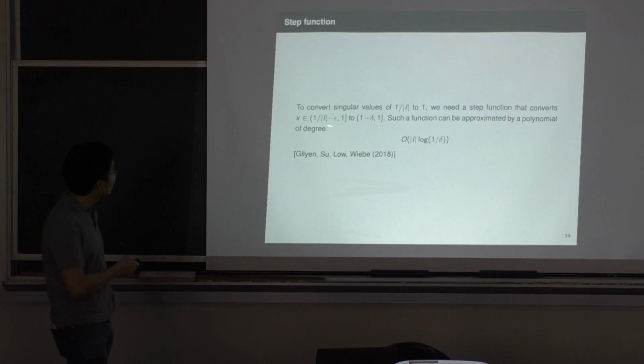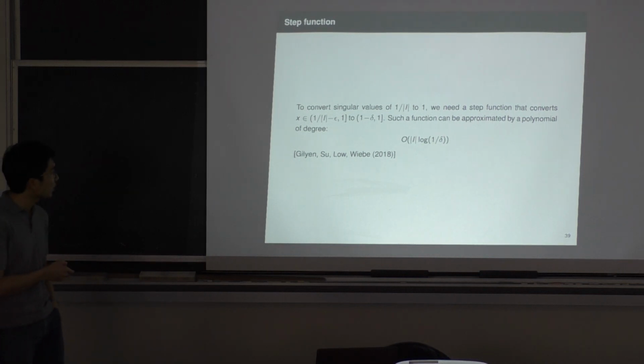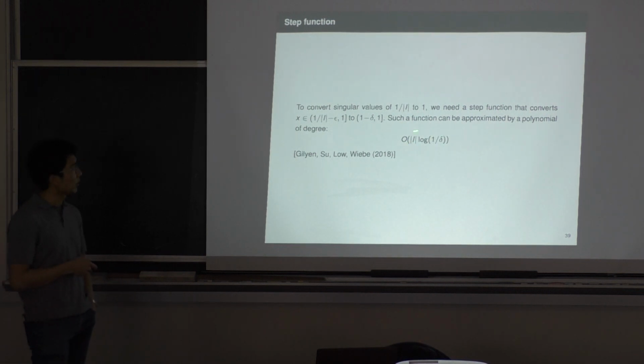And to do that, there's a very standard way to approximate a step function. The step function can be approximated by a polynomial of a certain degree, which is just proportional to this I essentially.